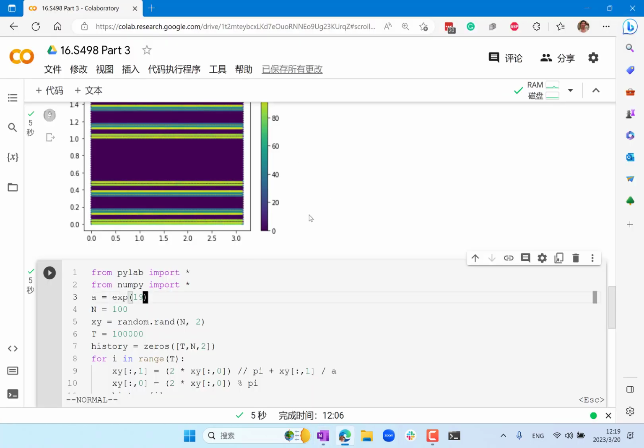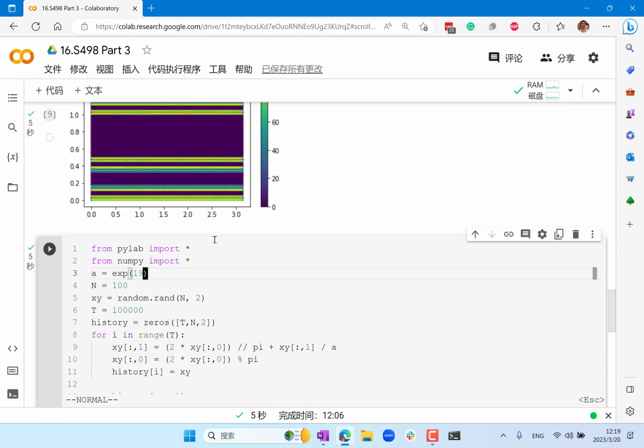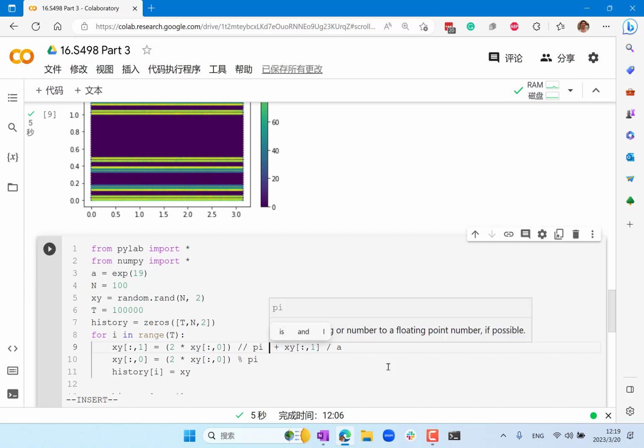So let me change this a little bit. This is divided by a, and this doesn't change. This gets changed, times a value that would make it 2 minus 2 over a.